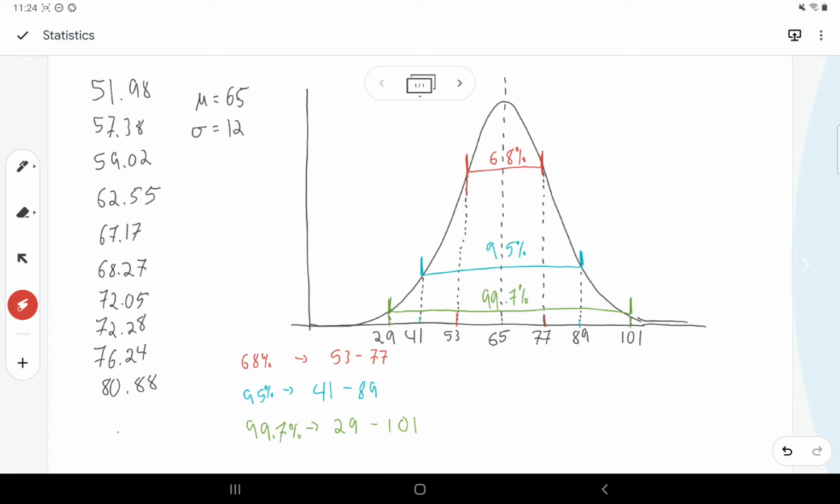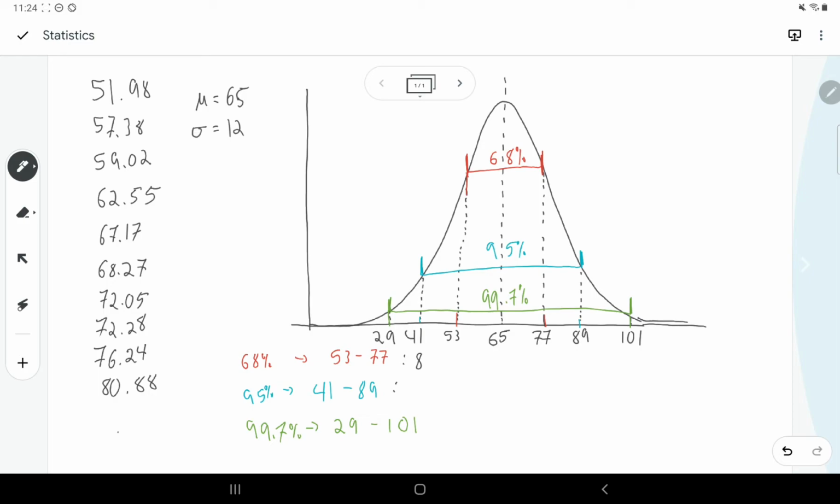So we look here at these values. 51 is too small, but I have them in order here, so we know that 57 is a good amount, so we keep going until we hit something that's too big, and we get to 80. 80 is too big, so everything in here should be good. There's 8 values there, 1, 2, 3, 4, 5, 6, 7, 8. So we can say that there are 8 in that bin.